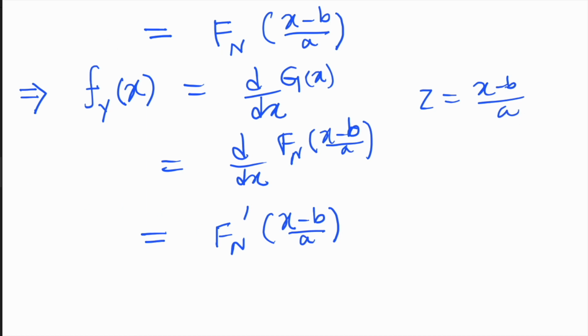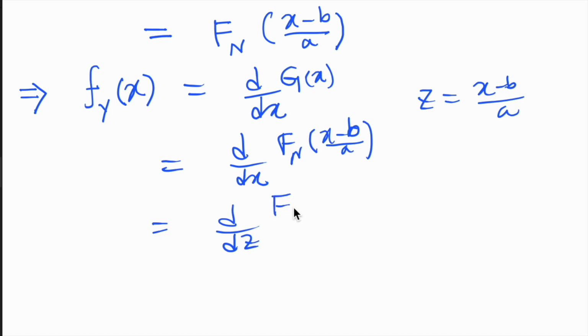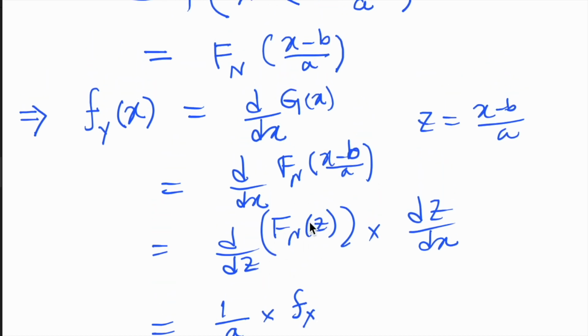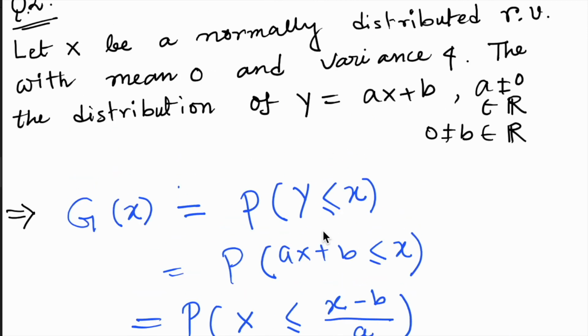So this is actually d/dz of F_n(z) into dz/dx. So dz/dx will be 1 over a, into this is again a normal distribution, this is the cumulative function of the Gaussian distribution.